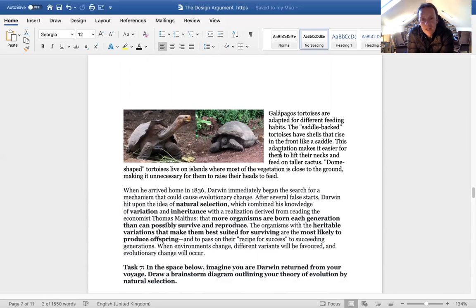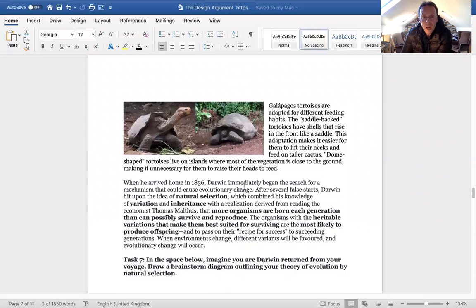So if it's got dense undergrowth, then you're going to need a shell that can push through all of that. If there's very little vegetation and you've got to get to the higher reaching fruit, then those giant tortoises with the shells that are open could reach up to extraordinary heights compared to these tortoises.